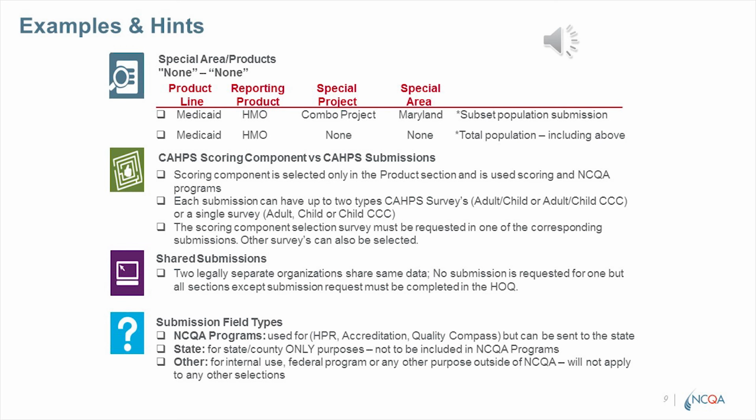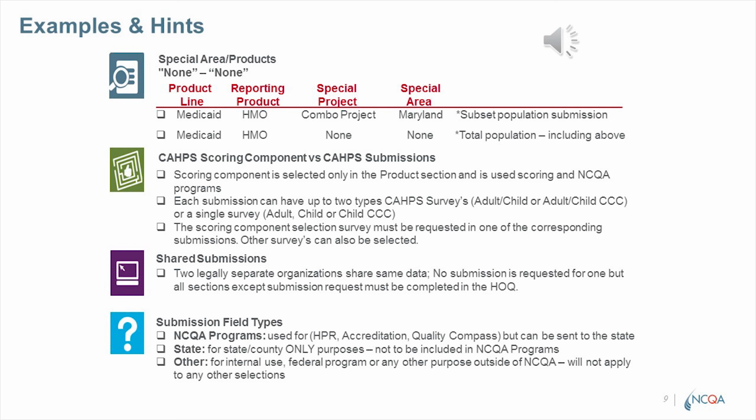If you have any questions about that and what was selected or changed, please contact your account manager so we can let you know why we made the changes and have whatever discussion we need to have to make sure we do select the correct type for your submission.